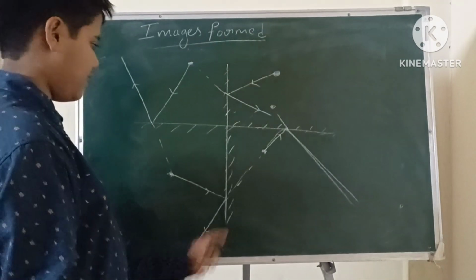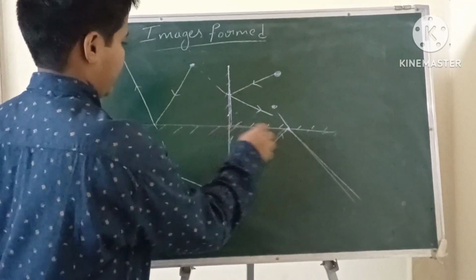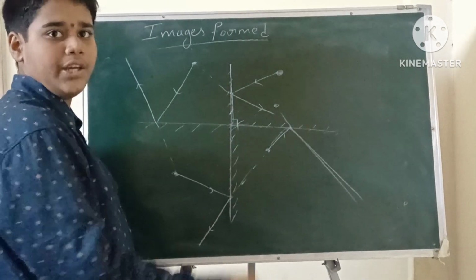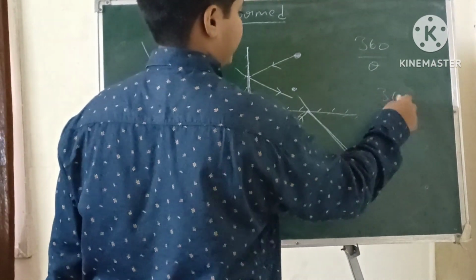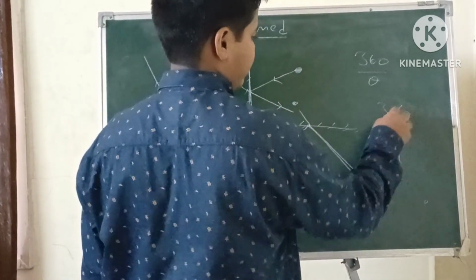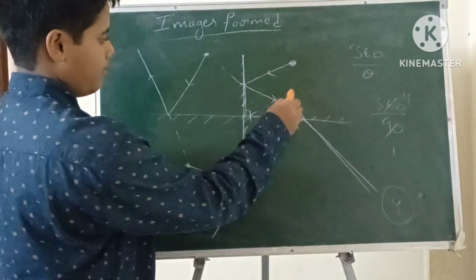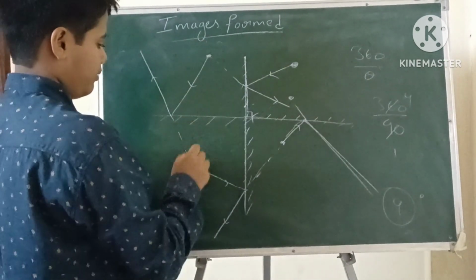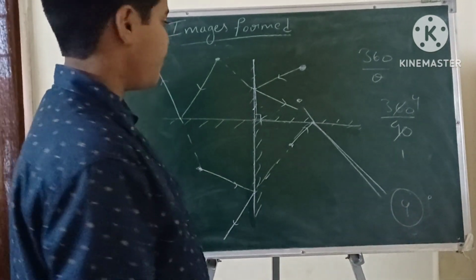Like this it will form. Here the mirrors are perpendicular. So if we use the formula 360 by theta, here 360 by 90, perpendicular. So 9 ones are 9, 9 fours are 36. 4 images will be formed. So here 1, 2, 3, 4. 4 images are formed.